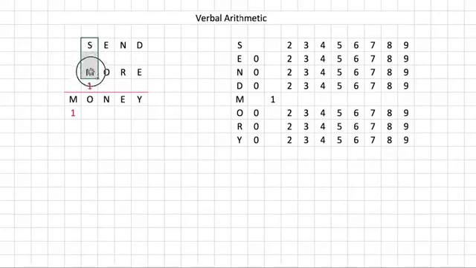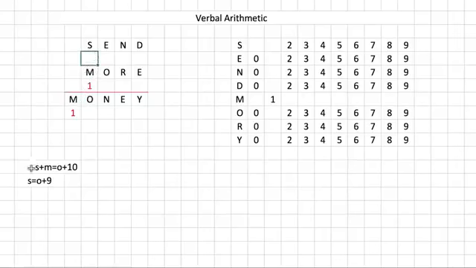So we have S plus M, which is giving us O, basically O plus 10, right? So S plus M is equal to O plus 10, and we know that M is 1, so S is equal to O plus 9, right?